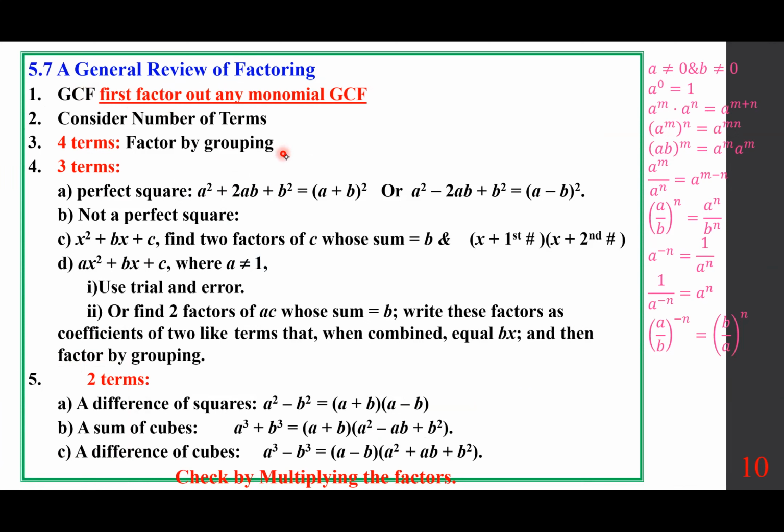If you have 4 terms, we do it by grouping. We have 3 terms. If you have a perfect square trinomial, we factor them accordingly. If it's not a perfect square trinomial, and we have x squared plus bx plus c, we want 2 numbers. The sum is b, and the product is c.